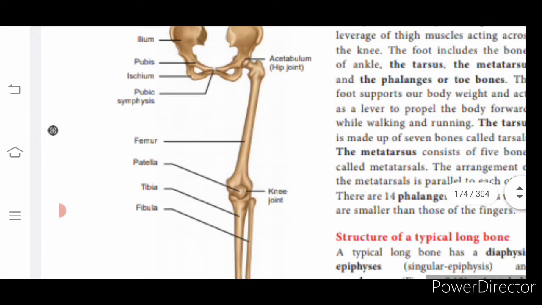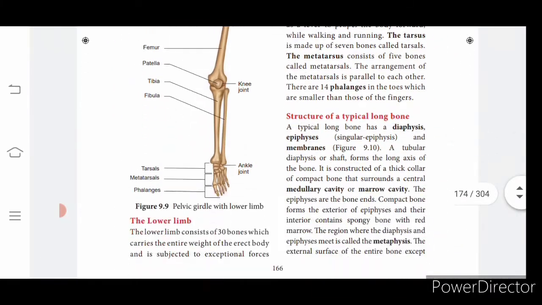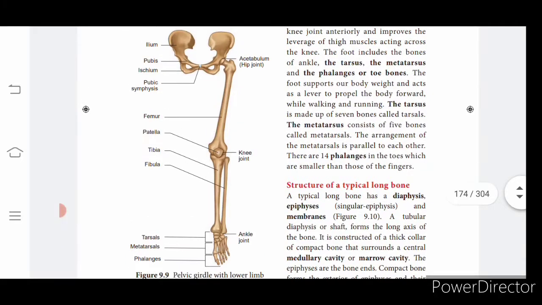Here we have the pelvic girdle. As we have seen in the pectoral girdle, we have the pelvic girdle. Here this is ilium, pubis, ischium. Can you locate these three? Ilium, pubis and ischium together constitute the hip bone or coxal bone. The two bones are attached to one another by the pubic symphysis.